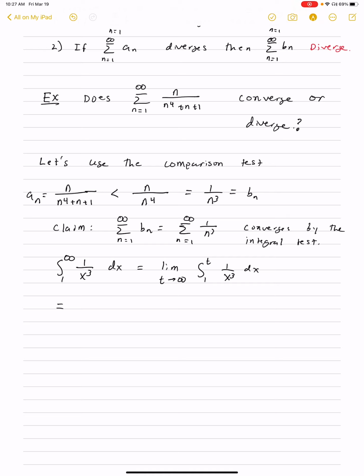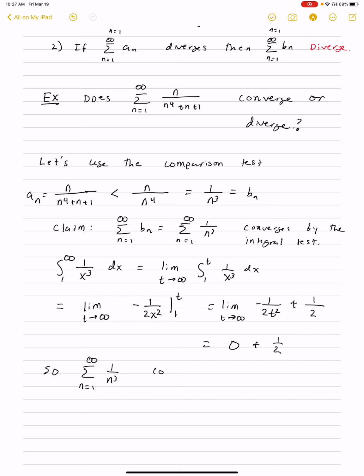And we'll evaluate this antiderivative, and then we'll plug in. This limit is going to go to 0, and we're just going to get 1/2. So it converges. So the summation from n equals 1 to infinity of 1 over n cubed converges.